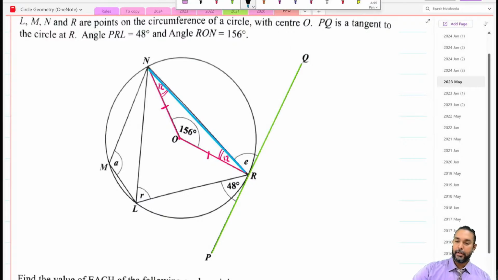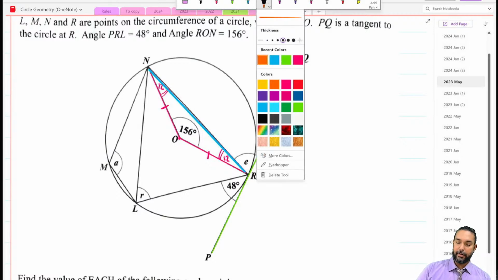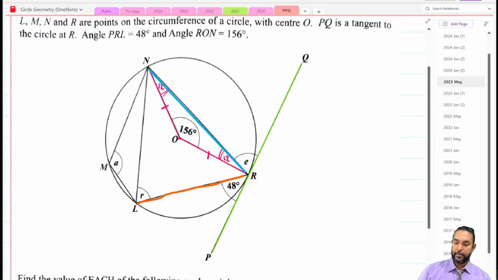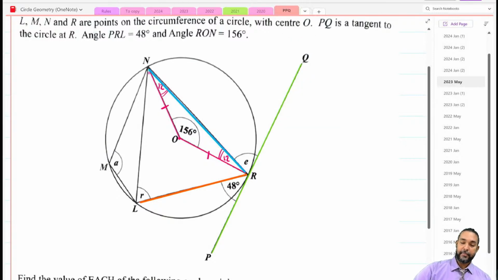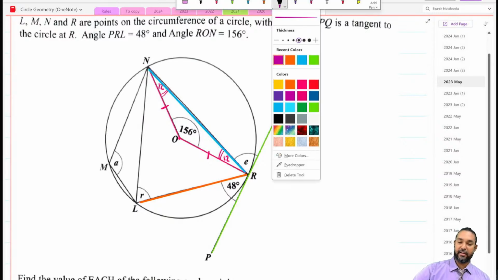And I'm going to put this one in orange. So the blue line and the orange line are both what are called those lines in a circle? Those are chords.